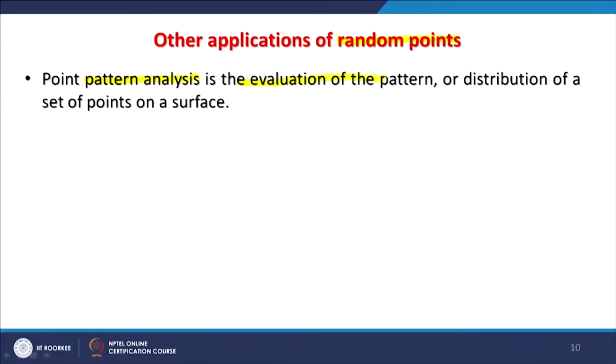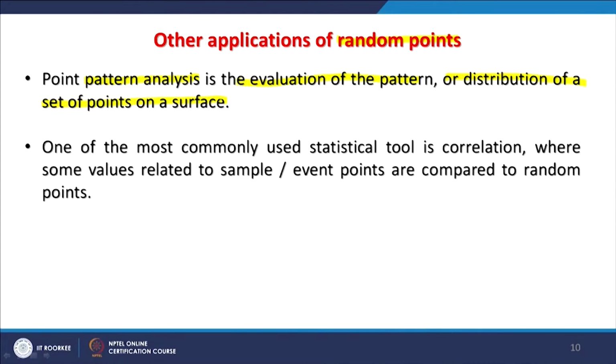Point pattern analysis is basically the evaluation of the pattern or distribution of a set of points on a surface. Now, these points which we have collected here, for example 100 points, are correlated using statistical tools with other point distributions within the same extent, where the values related to the sample points are compared to the random points.